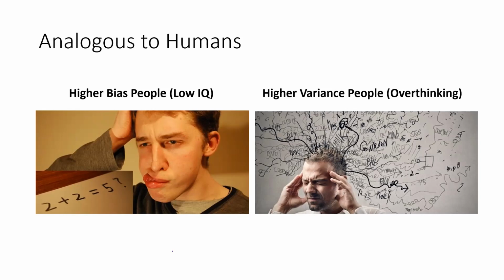But in the high variance people, they have learned a lot, and their thinking is too complex. And if they have learned a little, so what happens is they have less amount of experience.